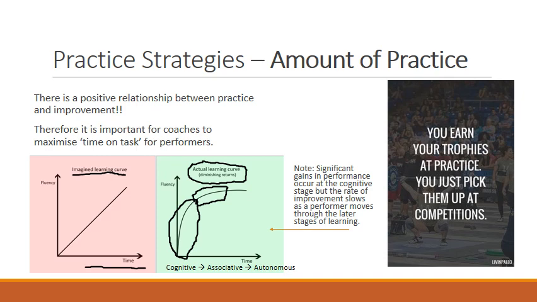Then we move into the autonomous stage, and the diminishing returns are still having an effect. You're getting even better at the skill, so your improvements are going to become less and less. So once you get to that autonomous stage, even though you might still invest a lot of time to your practice, you will still be improving, but you won't be improving at an exponential rate. You're sort of going to plateau at a point.